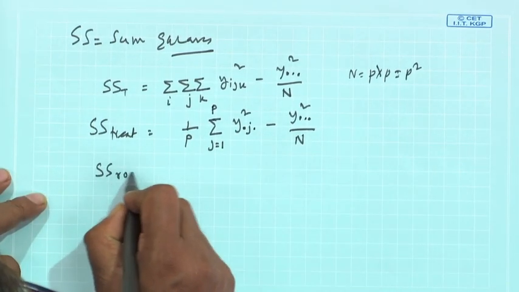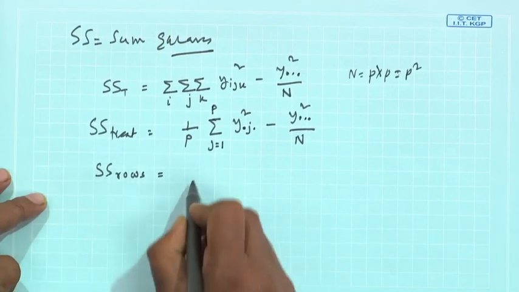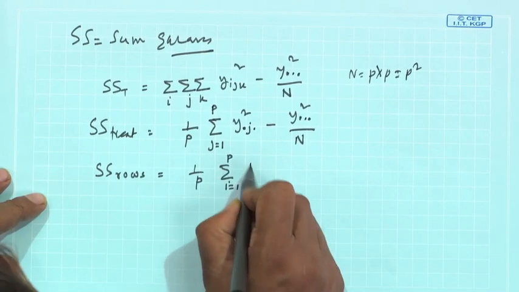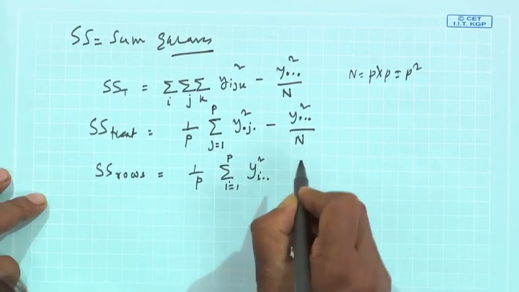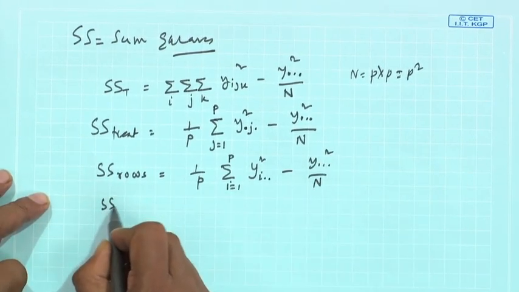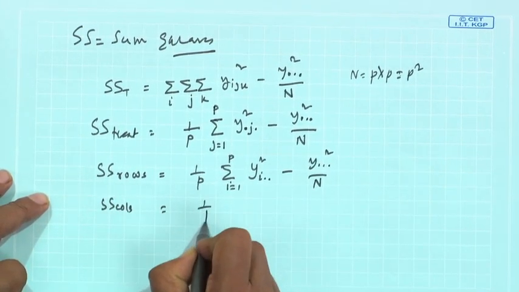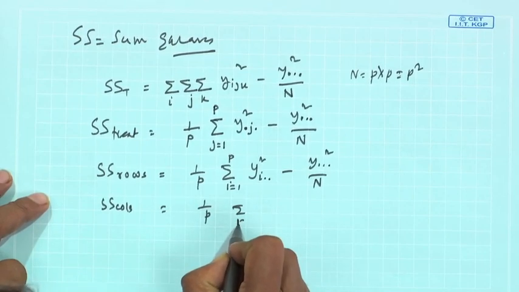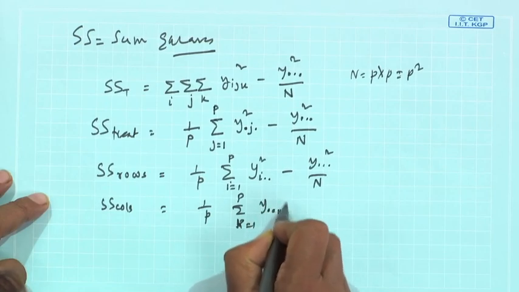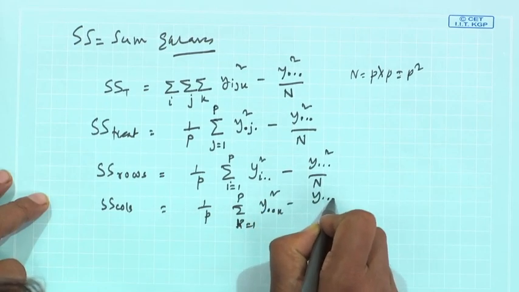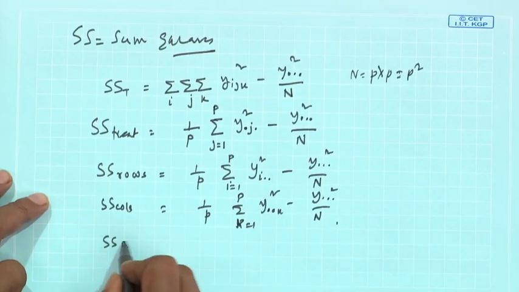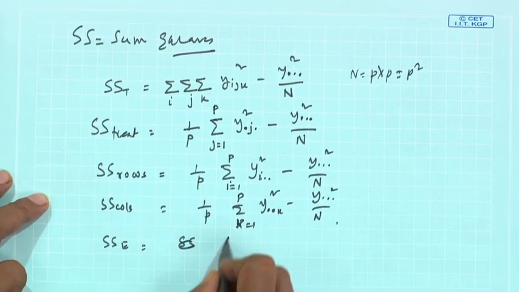SS rows, if I write, this is row blocking, so then this will be sum over i equal to 1 to p of y i dot dot square minus y dot dot dot square by n. Similarly, SS columns, if I write 1 by p, the column variable will change, that is k equal to 1 to p of y dot dot k square minus y dot dot dot square by n, and SS error is SS by subtraction.